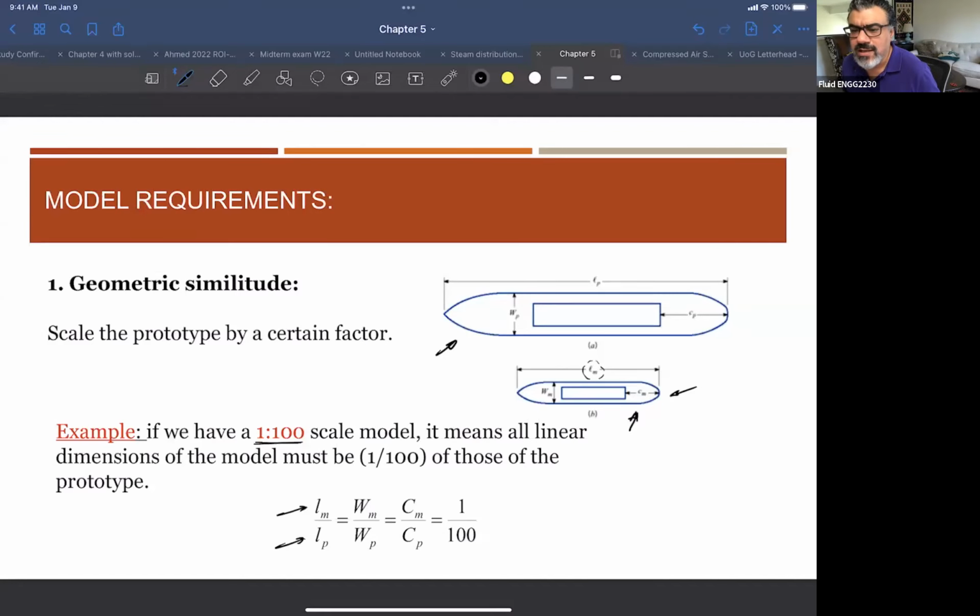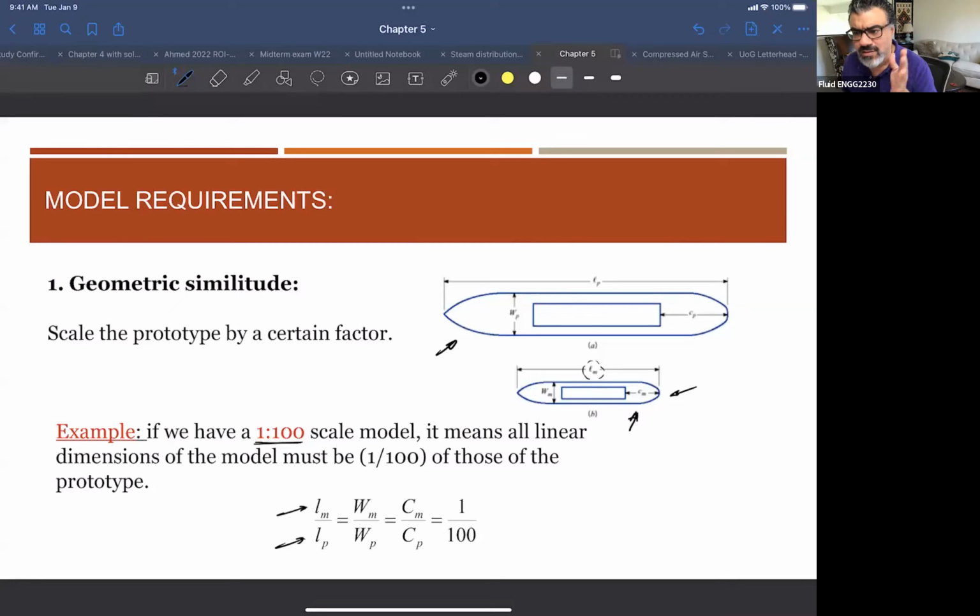So you cannot really use different scaling for part of the model versus the other part, right? All the dimensions have to satisfy the scale between the model and the full scale prototype. Okay, and this is what we call geometrical similitude or geometrical similarity.